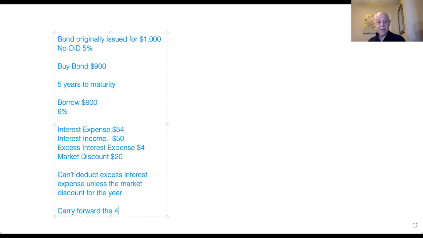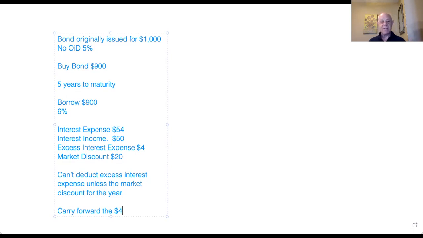And then we do the test all over again next year with the actual amount of interest expense, add the $4 on, and again compare it to how much interest income we picked up the next year. And if it exceeds it again and we have more excess interest expense, once again, we ask, what was our market discount in total now for the 2 years?